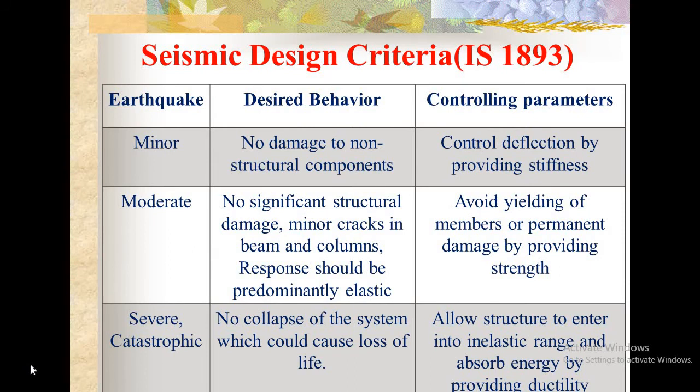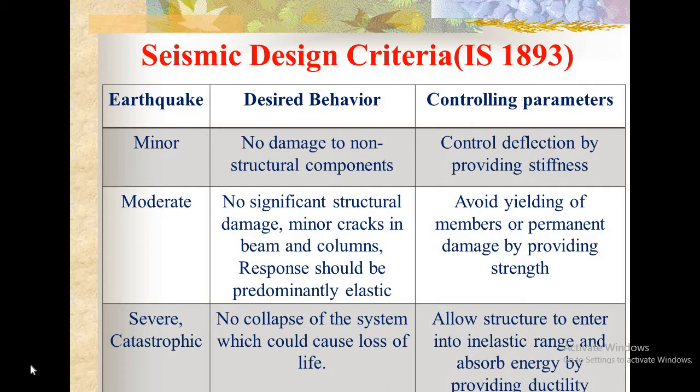Seismic design criteria as per IS 1893. Earthquake design behavior controlling parameters are different according to the earthquake intensity. Sometimes the earthquake intensity is minor, then the desired behavior is no damage to non-structural components.